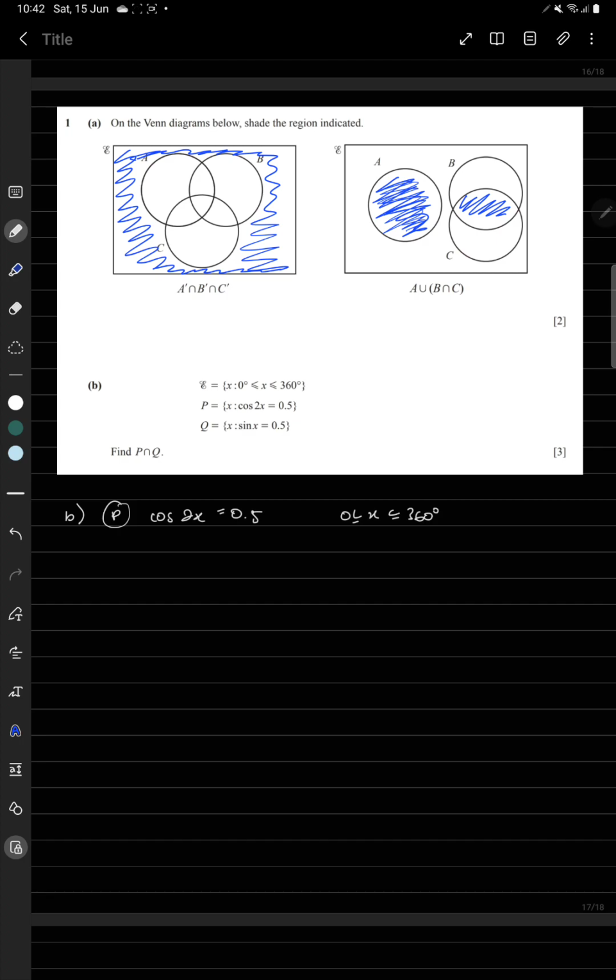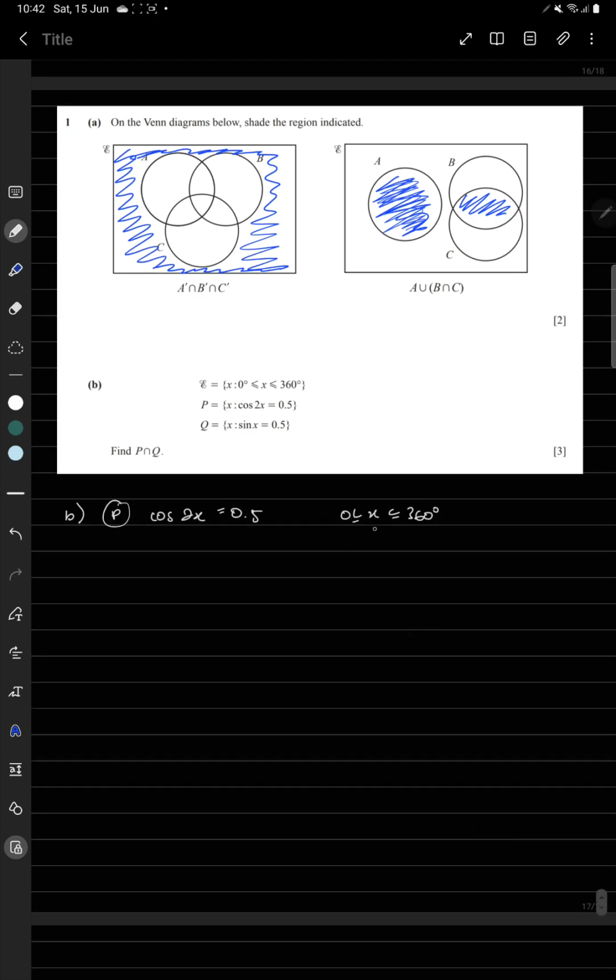Before I move forward, I'm going to multiply everything here by 2, because you're not dealing with just cos x, you're dealing with cos 2x. So 0 times 2 is 0, this is 2x and this is 720 degrees. Now, if we are going to use the ASTC, since we're dealing with trigonometry, let's double check here.